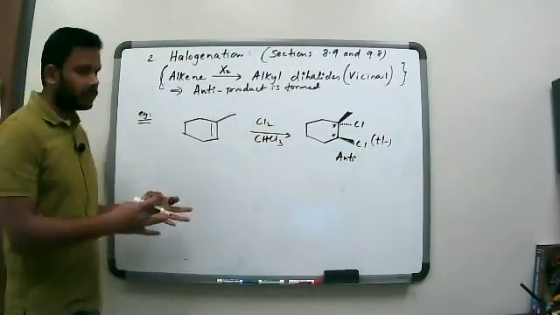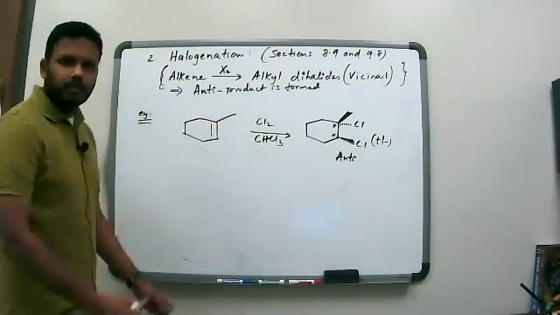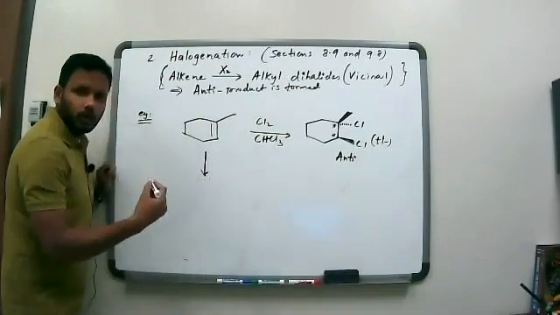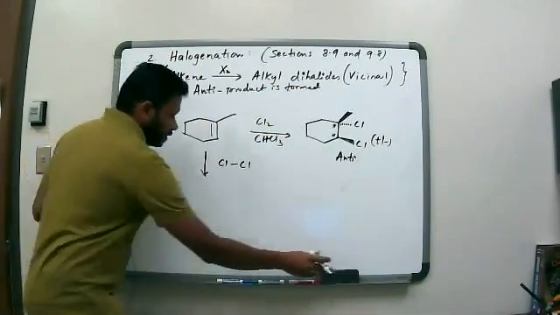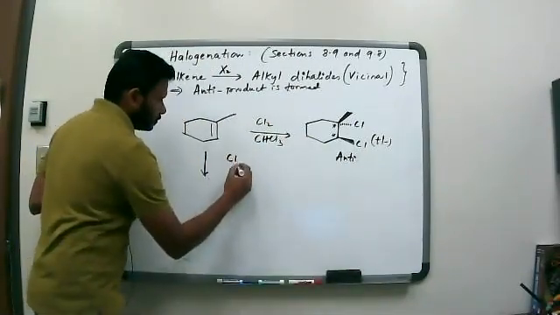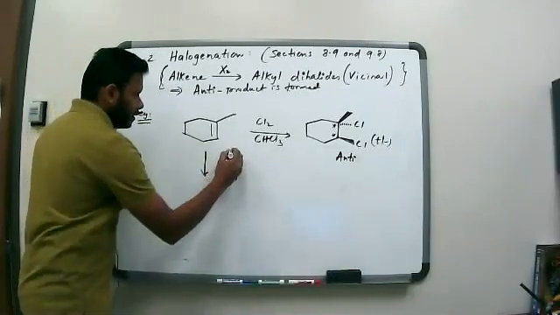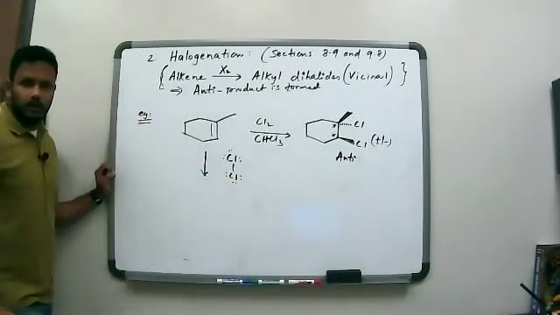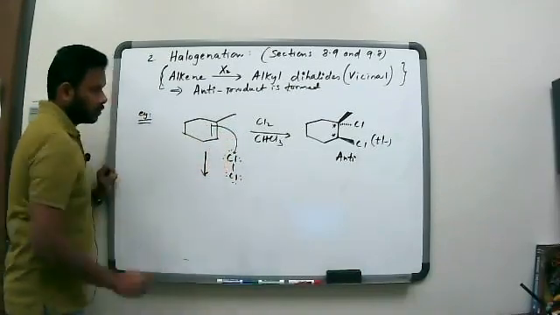to highlight something which is not very evident in this particular example, but it is important in something that's going to follow. Okay, so in this case, if we work on a mechanism, and I think it is good practice anyways, I'm going to write the chlorine like that. So the pi bond goes and attacks one of these chlorines.